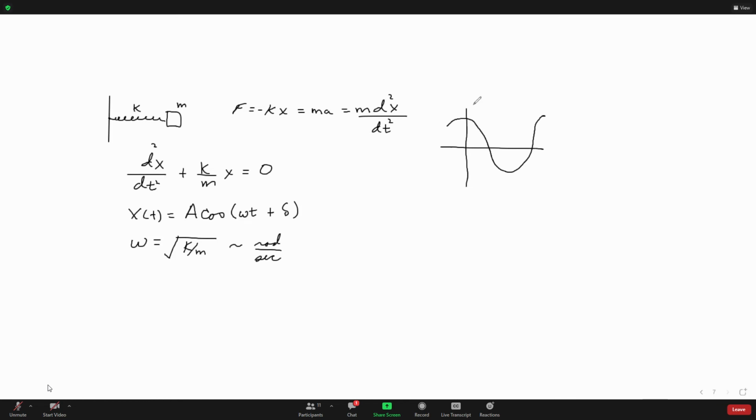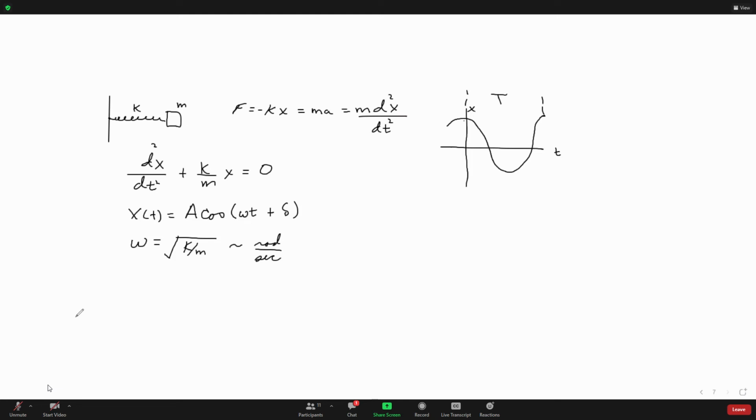The period of the motion, I'm going to use capital T to stand for the period, is the time from one peak to another peak. This is T, and this is X. Now you could pick any point in the motion, and when the mass returns to that same position, that time interval is the period.